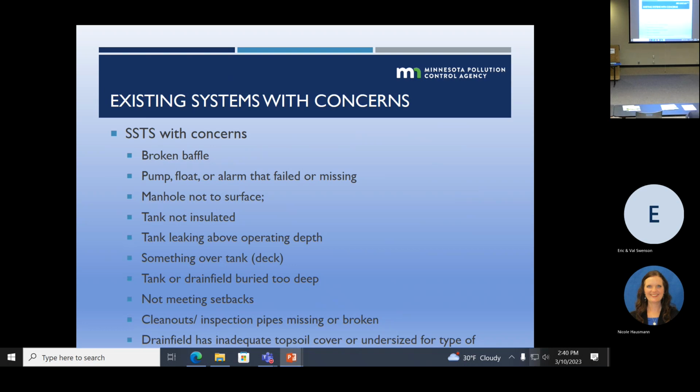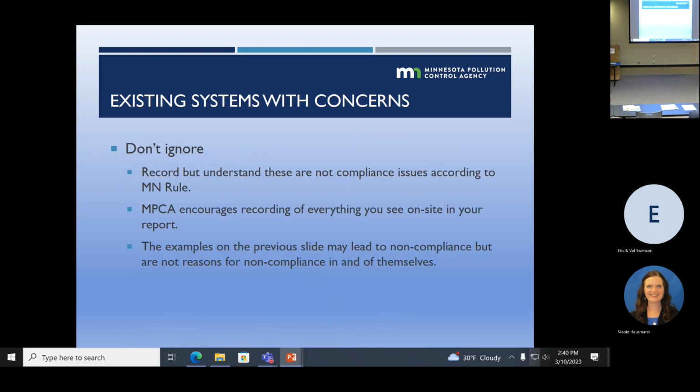And so some of you may have noticed there is a handout there, a printout that explains this very subject about what's compliant, what's not compliant, and then what are concerning things. And if you have these concerning things, write them in your inspection report. I would also tell you, please, talk to your homeowner, your customer, whatever.